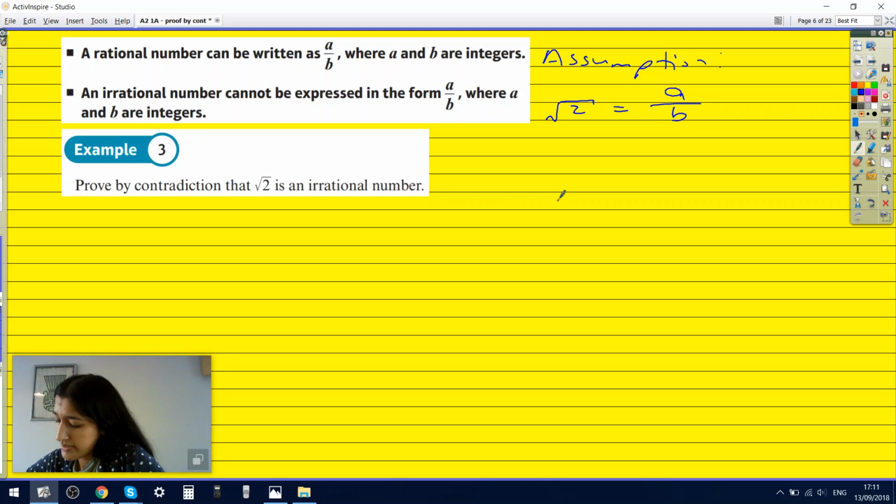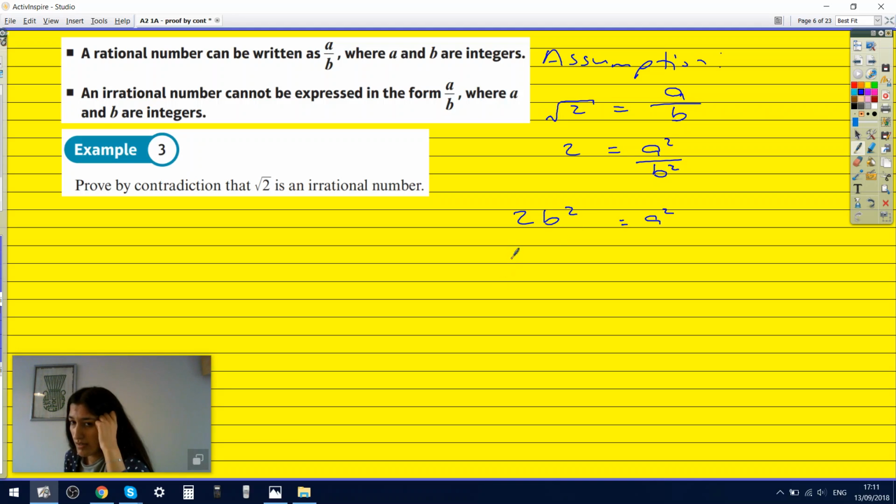Square that to get rid of the root, which is a squared over b squared, and then times b squared, so you get 2b squared equals a squared. A squared is an even number. Why is that? Are all square numbers even? No. 3 squared is 9. Yeah.